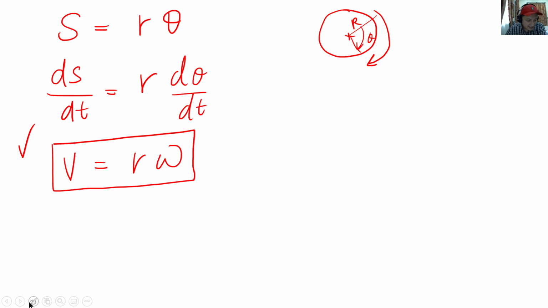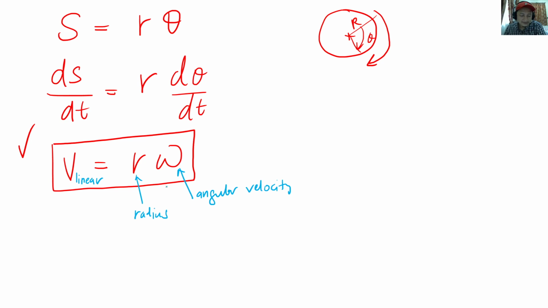So this is another very important formula. v is linear velocity, r is the radius, omega is angular velocity.